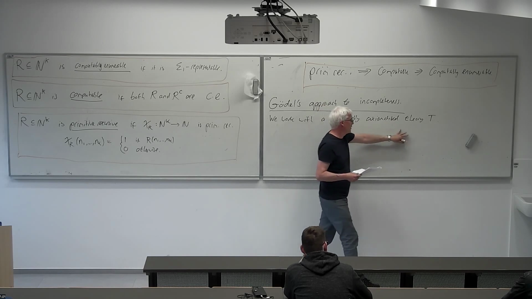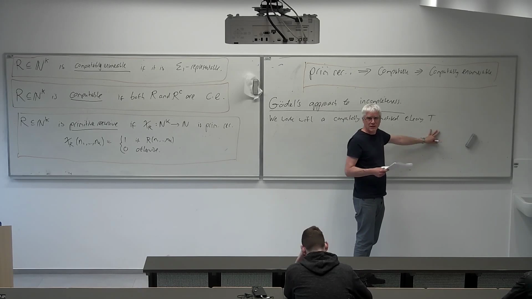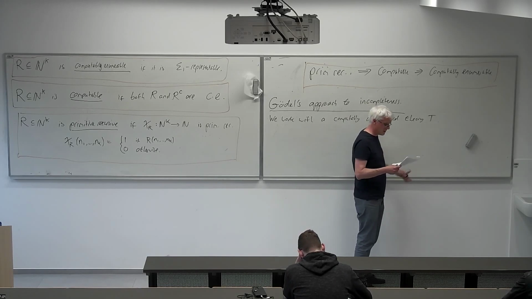And we're going to show that various properties, so the crucial idea is what's called arithmetization, and it's to show that important properties of T can be encoded as number theoretical statements.